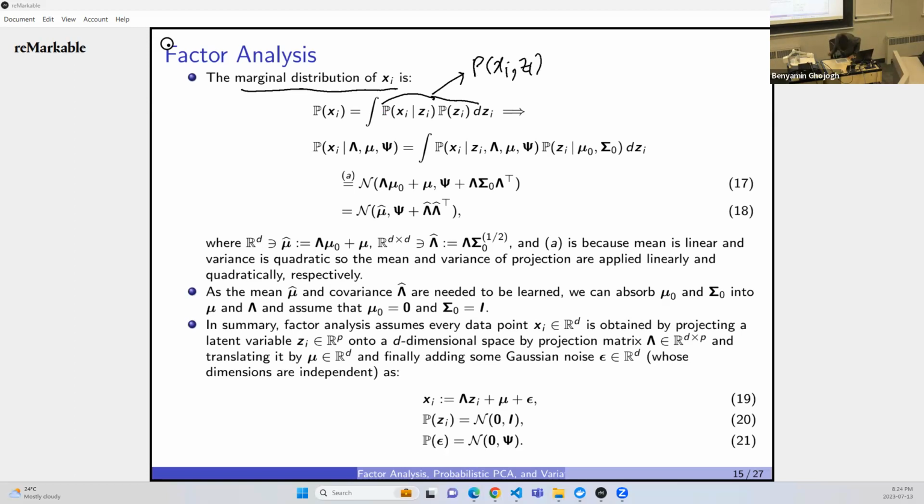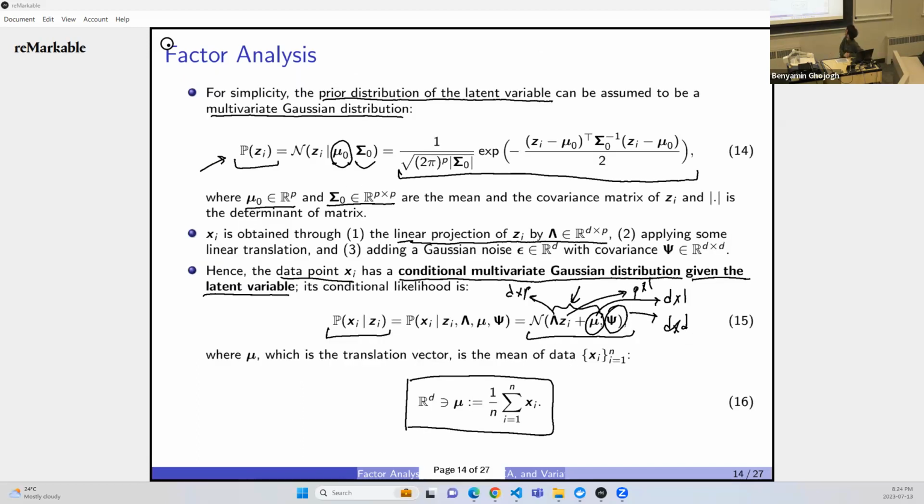This is what I had in the previous slide. I can marginalize it in this way, so I put these additional variables in this equation. Also, for p of zi, I know its parameters are mu0 and sigma 0, according to equation 14.